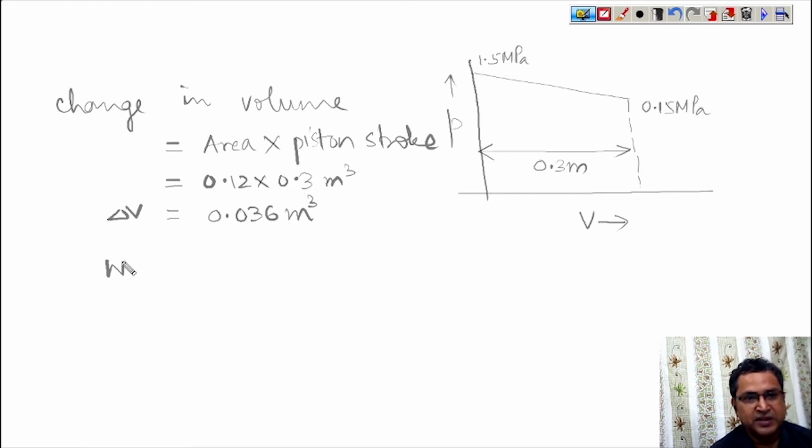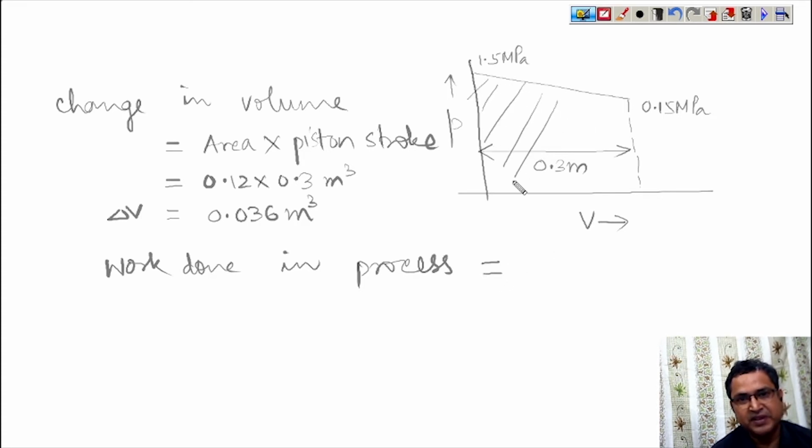So work done in the process, how much will be the work done? Obviously this is the area of this diagram, this much amount of work done is the area. And what about the area? The area is a trapezium. So what is the area of the trapezium?